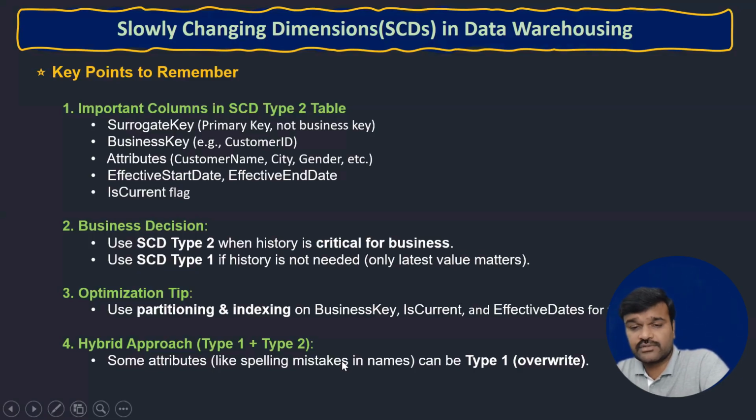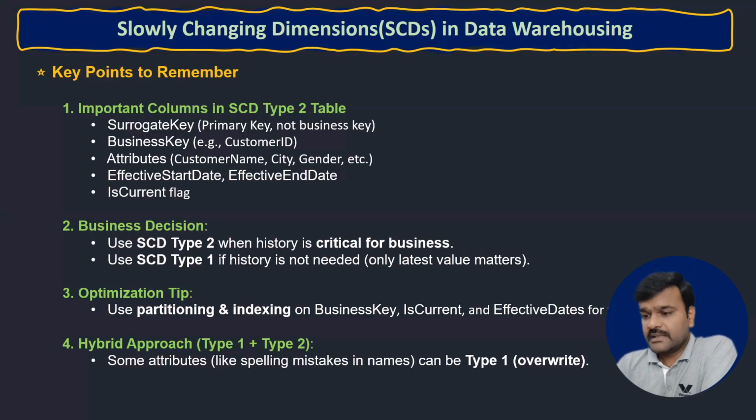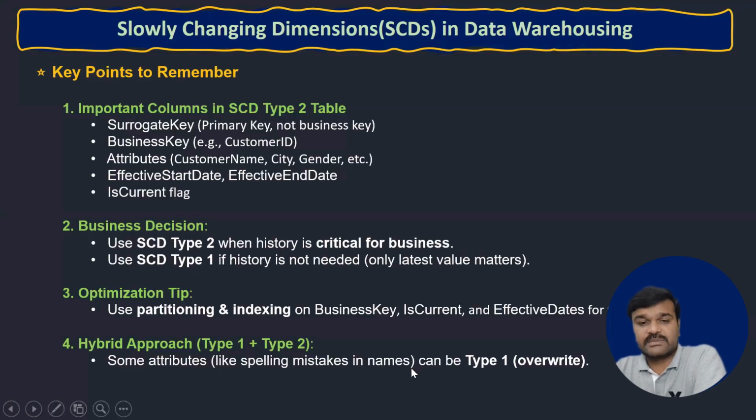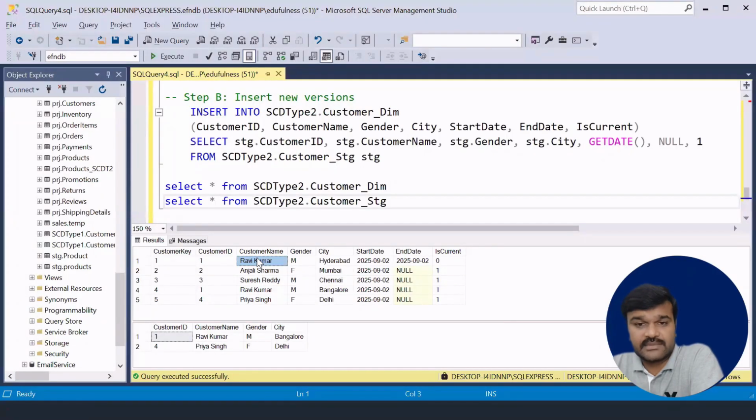For some columns you can exclude tracking. If you exclude some columns and update through the SQL script, then you no need to maintain history for every record. As mentioned here, suppose spelling mistakes happen; you don't need to bother too much about that. At that time you just update the existing record.